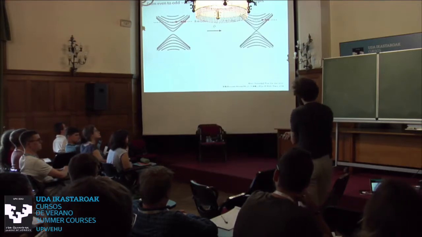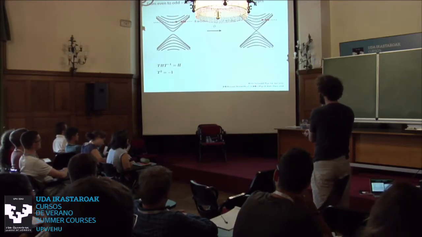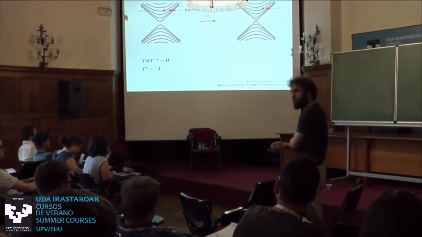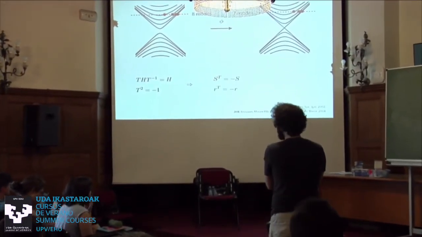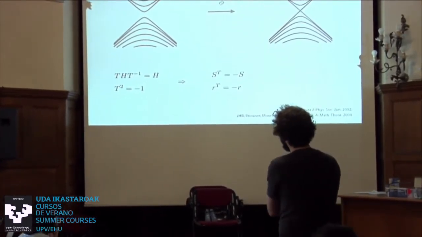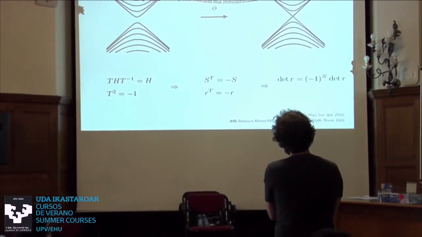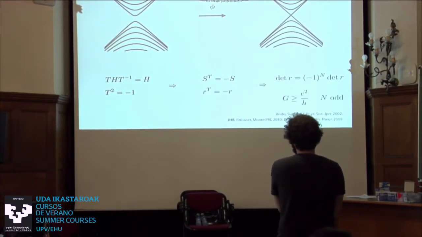Or it was actually the perfectly transmitted mode, which is, remember, if we have, which we do in both cases, a Hamiltonian which is time reversal symmetric with a time reversal symmetry that squares to -1, then the scattering matrix is antisymmetric, which means that the reflection matrix is antisymmetric, which means that if I have an odd number of modes, the determinant of R is 0.